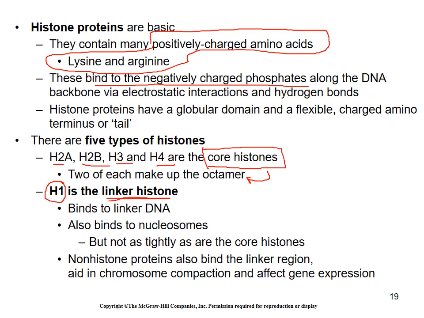You know, that region that's naked between the 2 nucleosomes. It doesn't bind as tightly as a core histone, but it is definitely important because it will allow you to still participate in chromosome compaction, but also have easy access to the DNA, so you can still utilize it for gene expression, such as transcription and eventually DNA replication.